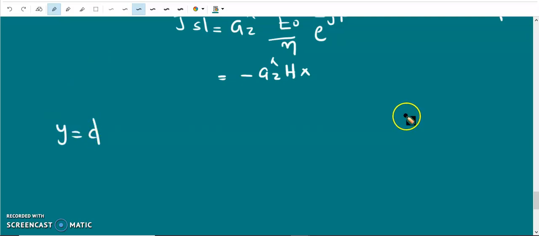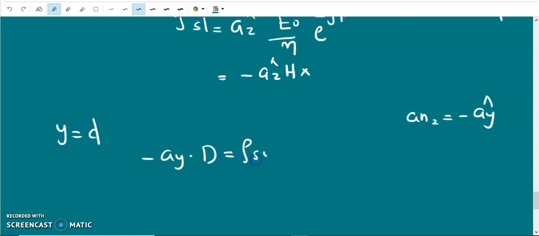So for the upper conducting plate, we have seen that the outward normal from the conductor to the dielectric medium is along negative y direction. So we have minus ay dot D is equal to rho sU, where D is epsilon Ey. So minus epsilon E0 e to the power minus j beta z. There is a minus over here.